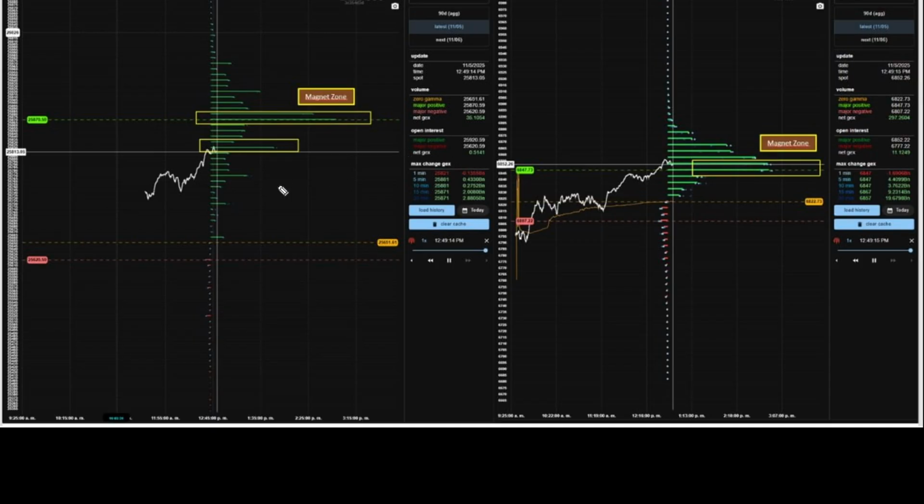But the ladders in option ladders are represented for call position and put position. Maybe this position has long calls or short calls, and downside maybe these are a merge for long put plus short put. You don't need to know just now the difference between this and this ladder.